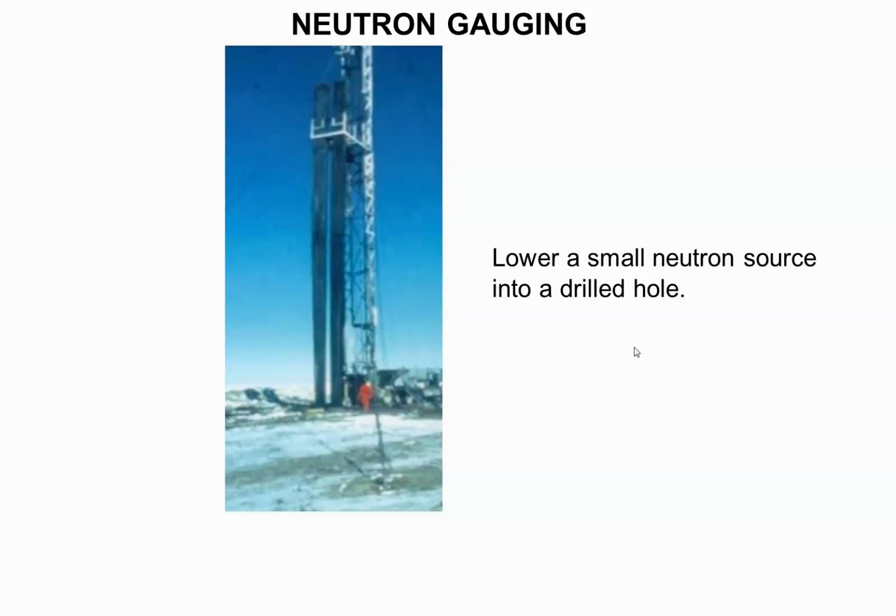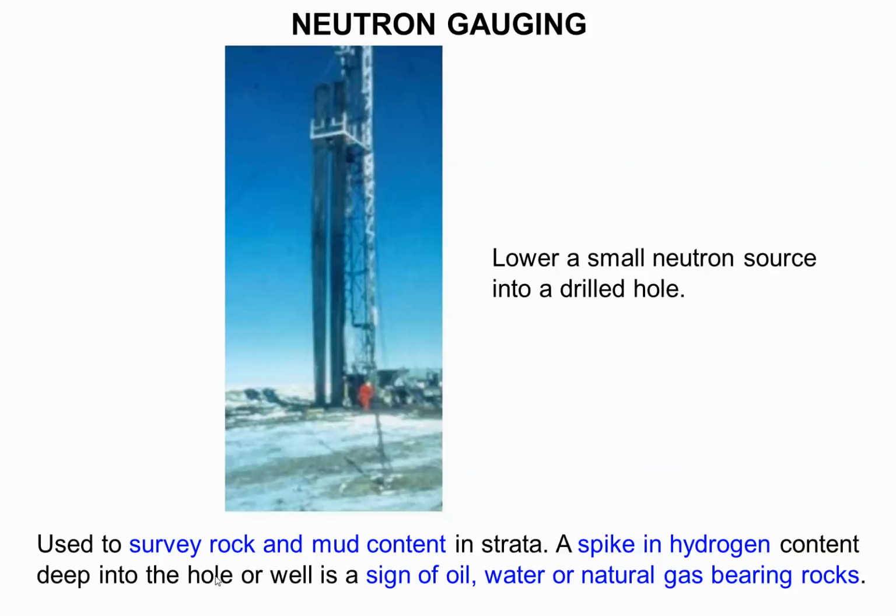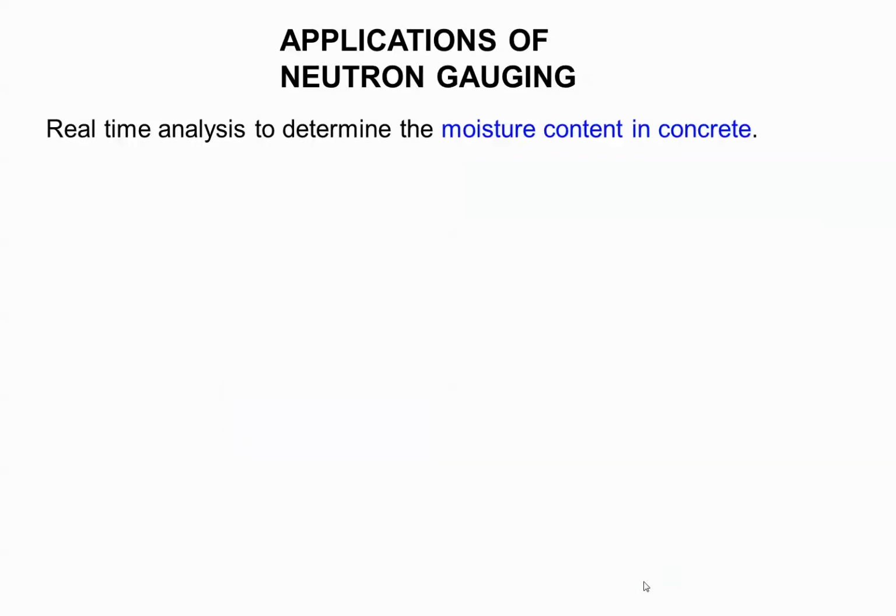This tells us whether there is water, natural gas, or oil, or something else. This is a well survey, rock and mud content. A spike in hydrogen content is a sign of oil, water, or natural gas bearing.